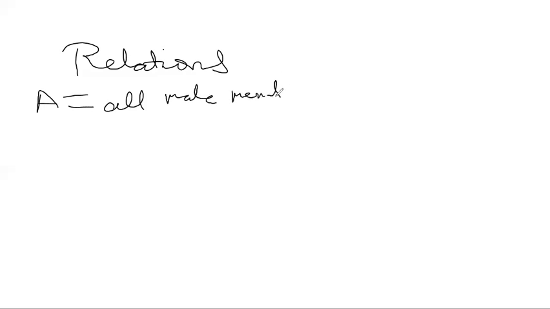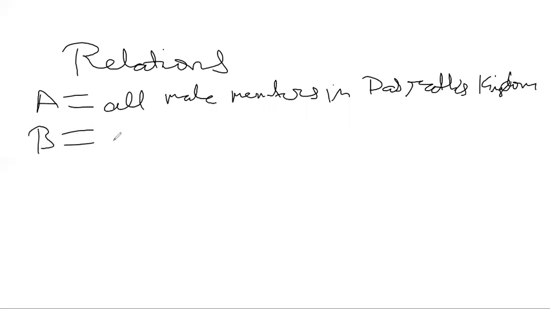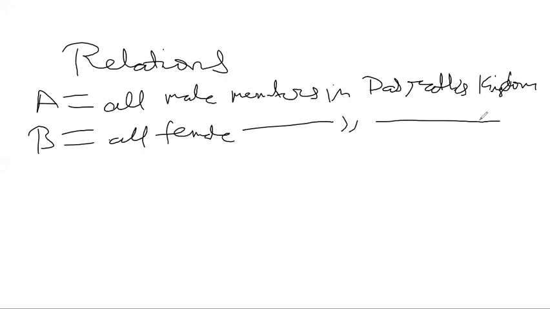A is all male members in Dashrath's kingdom, and B is all female members in Dashrath's kingdom.